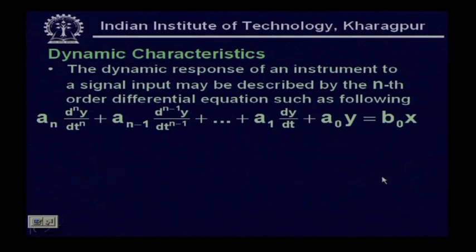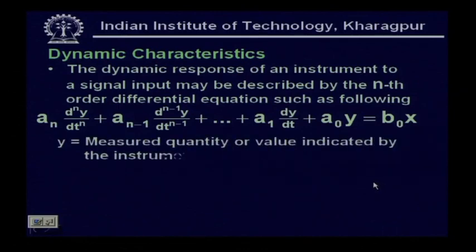It looks like: a n times the nth order derivative of y with respect to t, plus a n minus 1 times the n minus 1th derivative of y with respect to t, and so on until a 1 multiplied by dy by dt, plus a naught y, equal to b naught x, where y is the measured quantity or value indicated by the instrument, right. x is the input quantity.